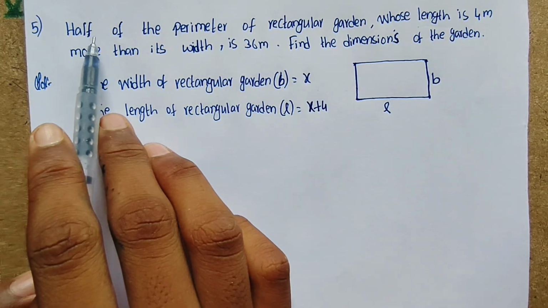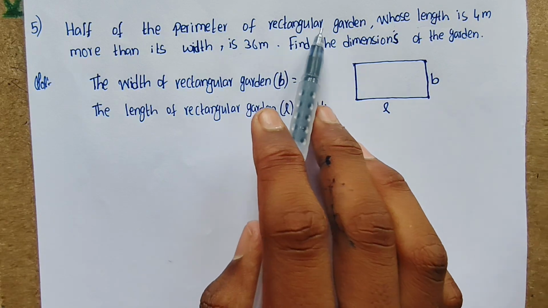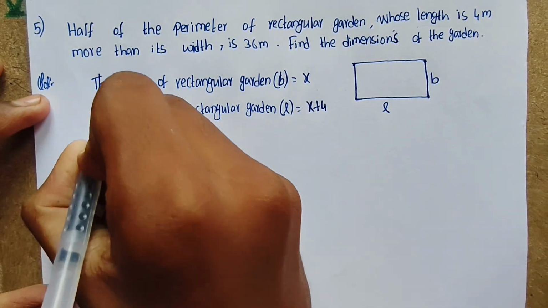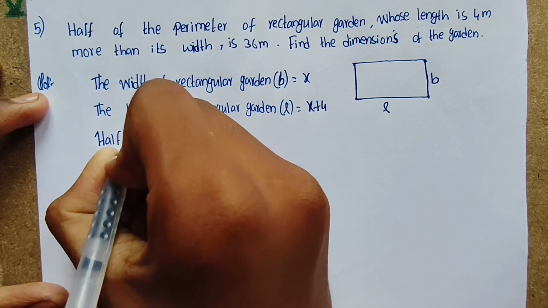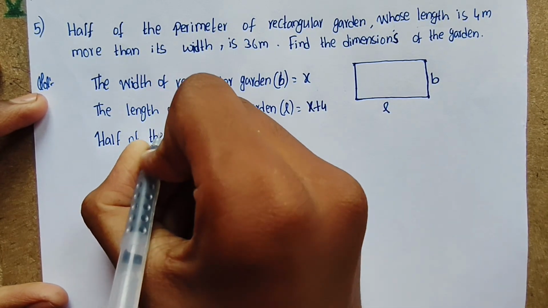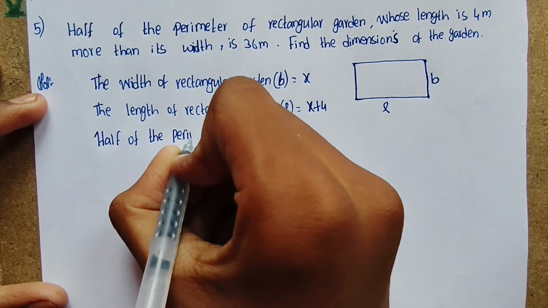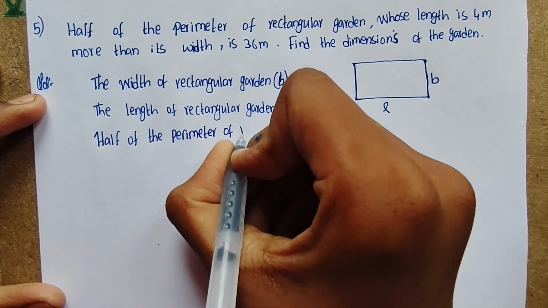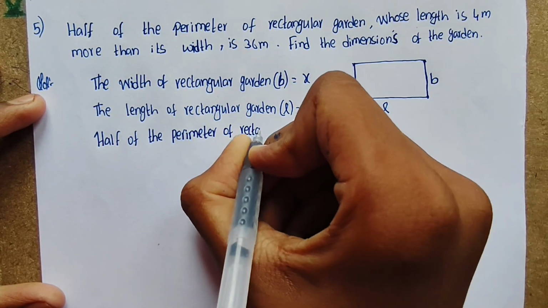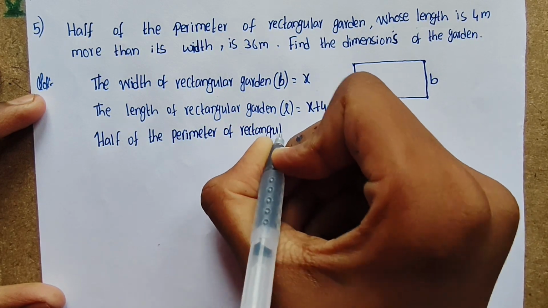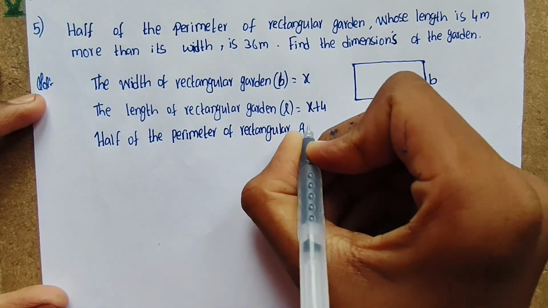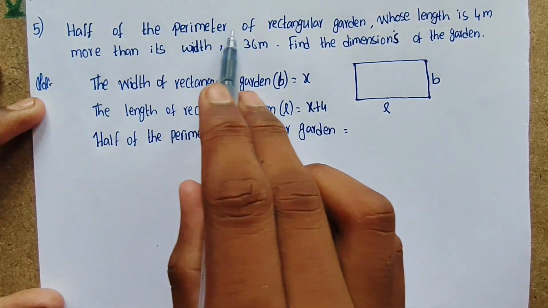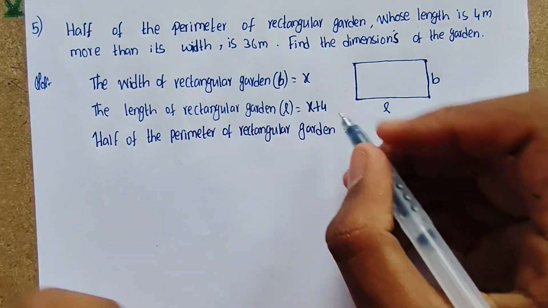They also gave that half of the perimeter of the rectangular garden is 36 meters. So half of the perimeter equals 36 meters.